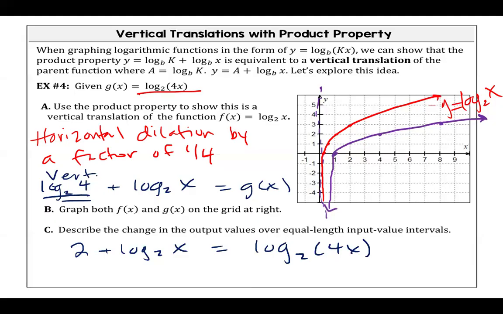So in the first one, this is a vertical translation up 2, right? But when I'm here, I'm a horizontal dilation by 1/4. And that's because of that expanding and condensing property of log.